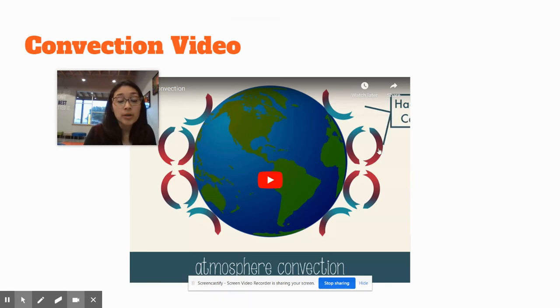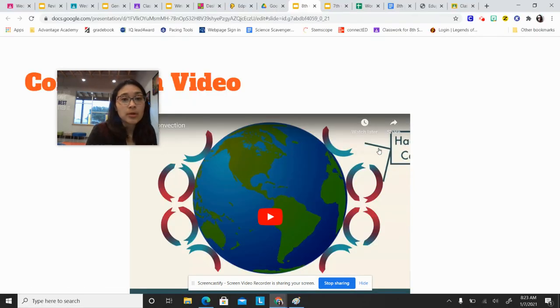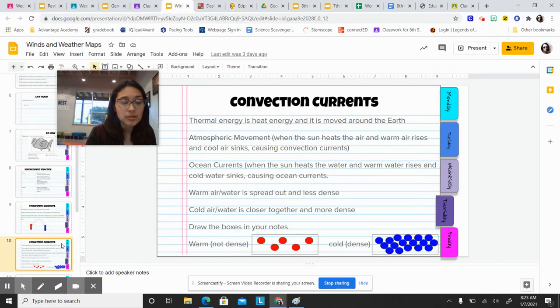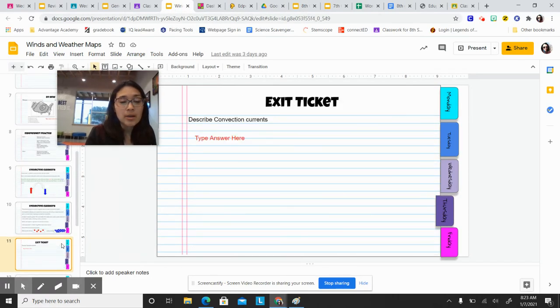Your assignment today is to complete the Edpuzzle on convection currents to get you a visual of what those look like. The Edpuzzle will tell you what a convection current is and show you what it looks like. And then your exit ticket is in your notebook, and it is to describe convection currents.